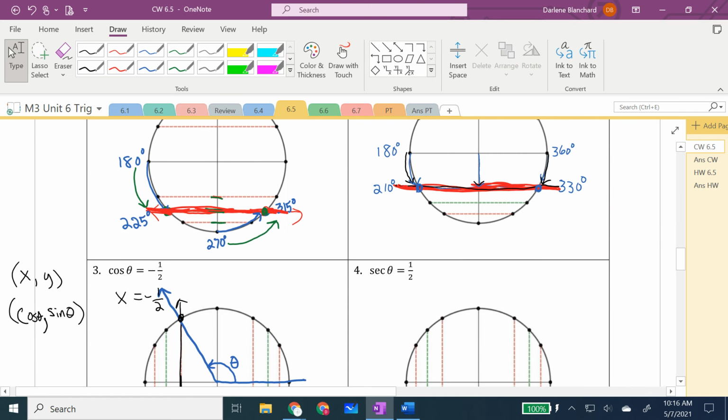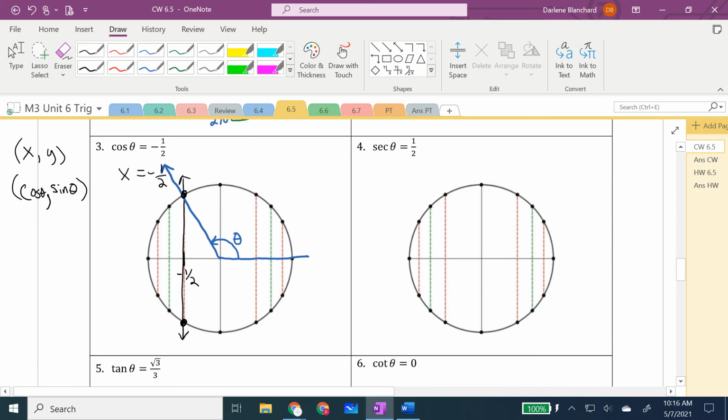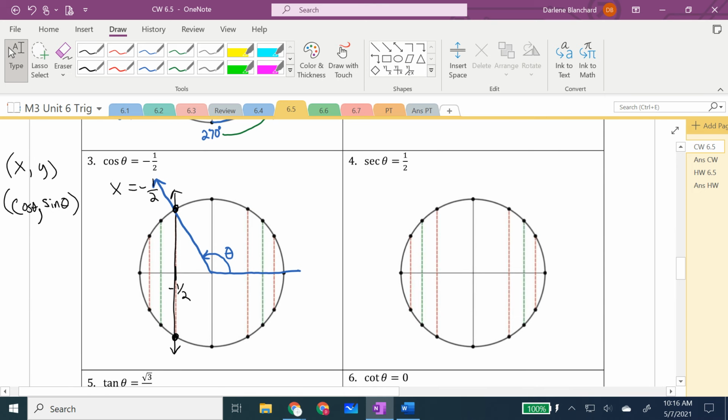Then we had just started to work on cosine, and we were running out of time. With cosine, we want to be drawing vertical lines. And keep in mind that x and cosine are the same thing when we are in a unit circle. If cosine is equal to negative 1/2, then I'm looking at my first special x coordinate to the left. And that leads me to two spots on the unit circle.